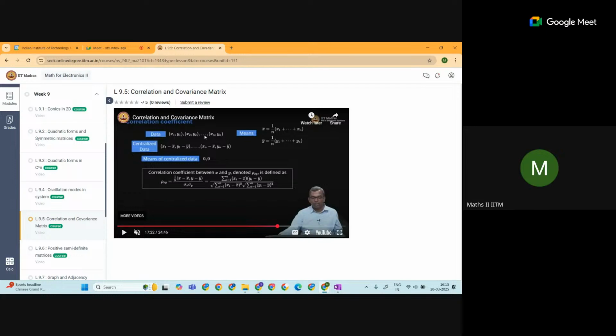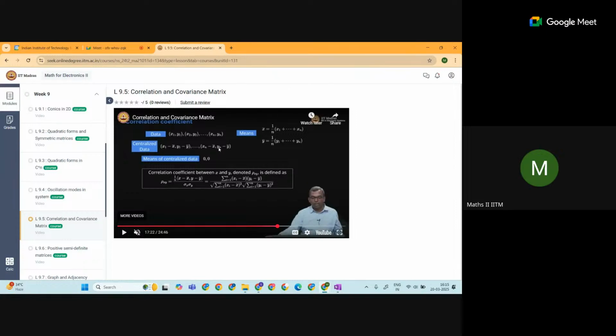We have data, and we centralize it, which means subtracting the mean: x minus x mean, y minus y mean. Now it is called centralized data.